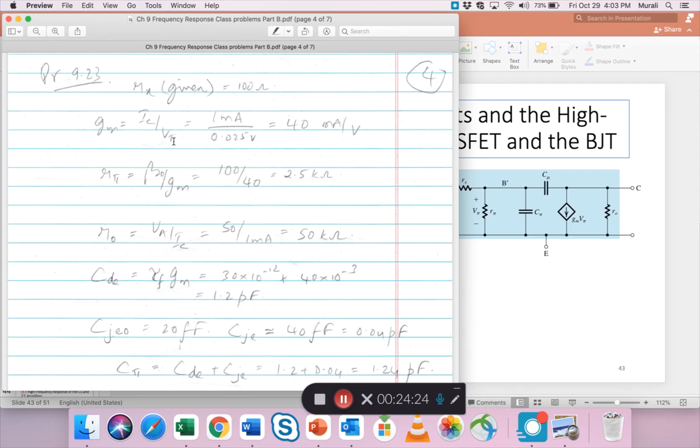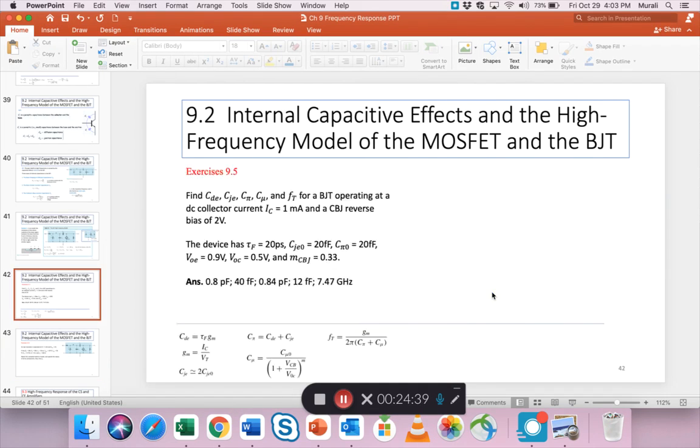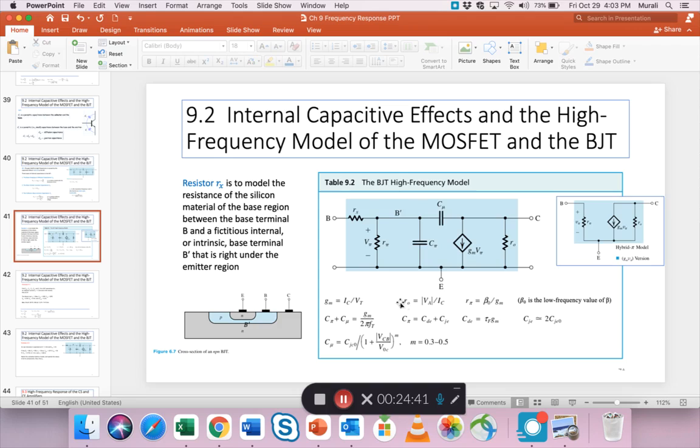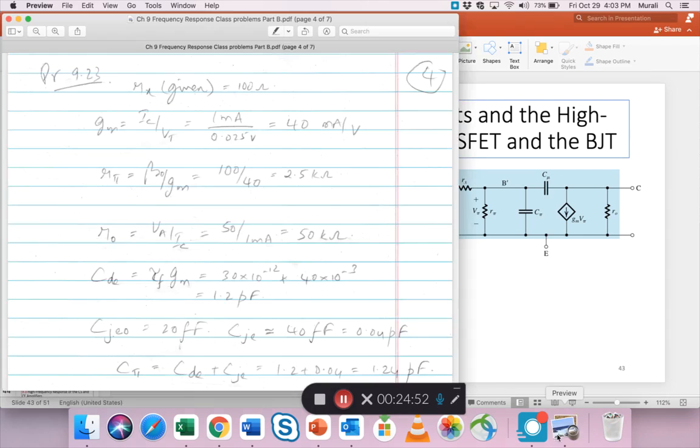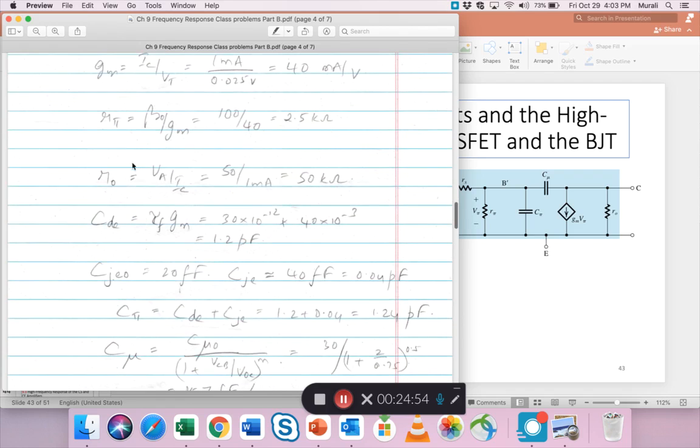gm is the ratio of IC to VT for a BJT. r pi, which is required, this value is beta by gm. And all these formulas are actually also here. Many of these formulas we have seen before, but they also show up in this summary table 9.2. So you can look at that too. ro is given.